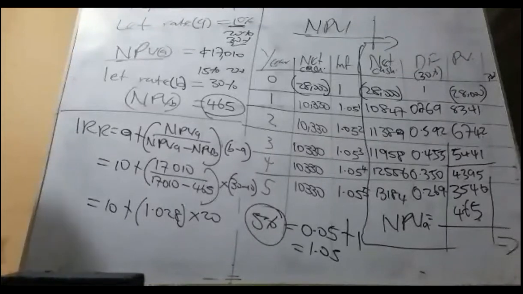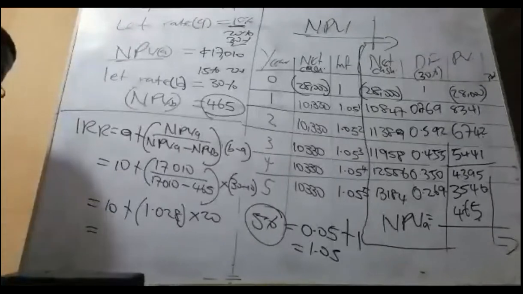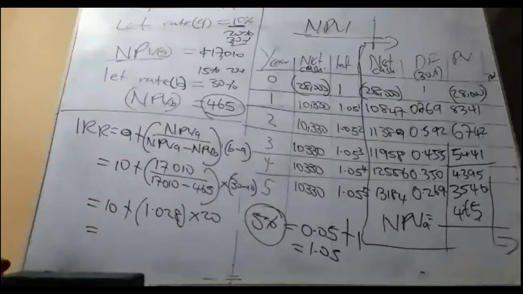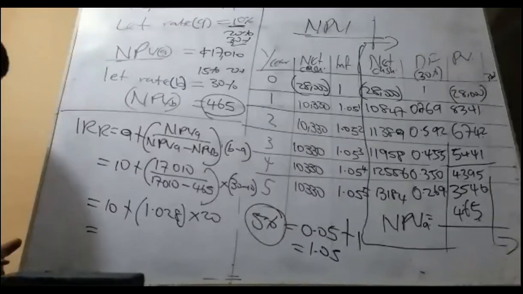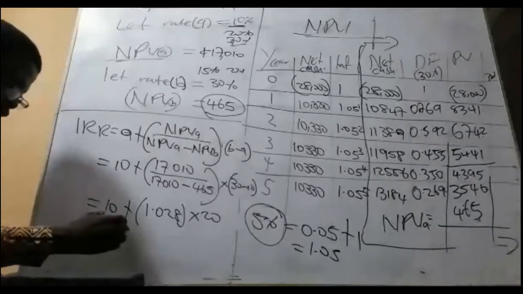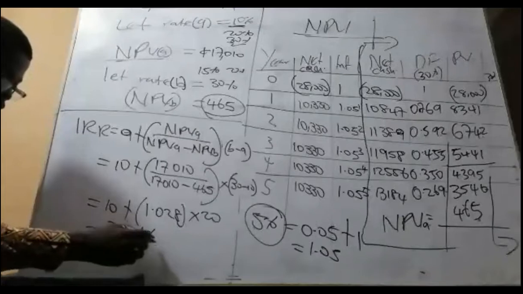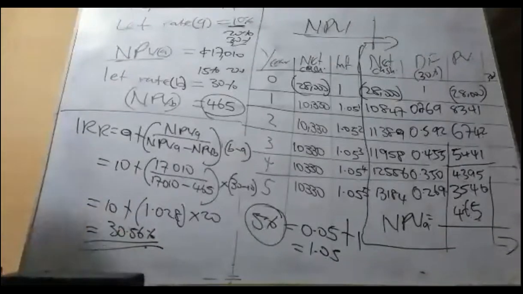So basically you get something like the final answer. So this times 20, positive 20, that will give us 20.56. If it's 20.56 plus 10, so it's 30.56. So that's the internal rate of return. We are done.